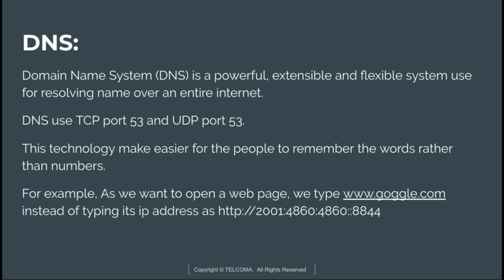For example, as we want to open a web page for Google, we will type www.google.com instead of typing its IP address as http://2001:4860:4860:8844. So this is the IPv6 address associated with the Google website. As we want to open this website, we only type the URL. We will not type the IP address, as IP addresses are not easy to remember for the people.